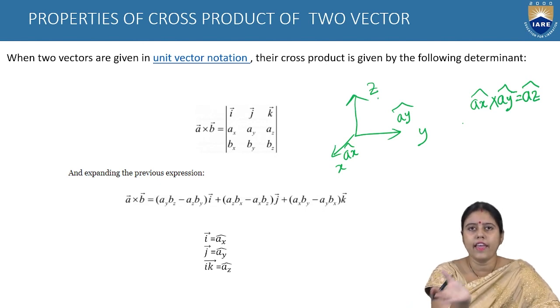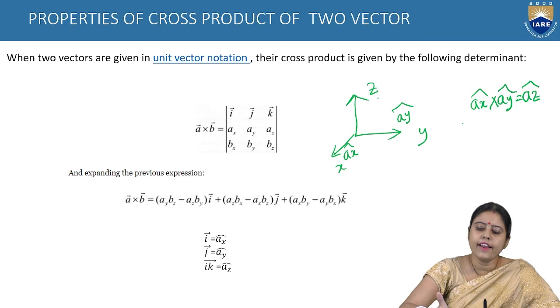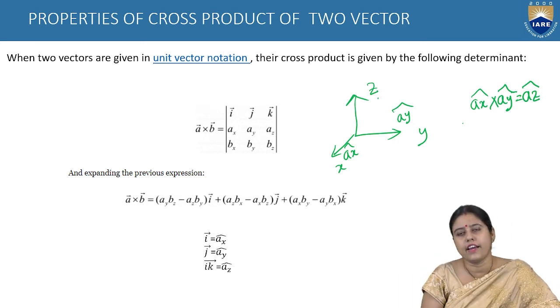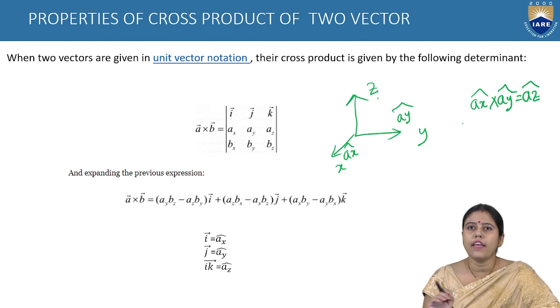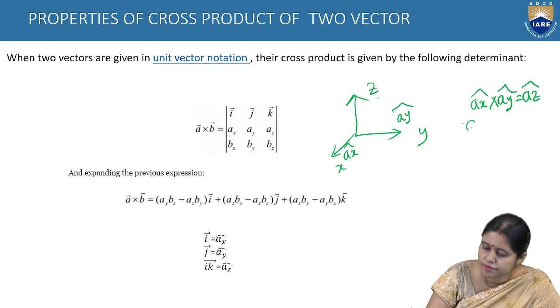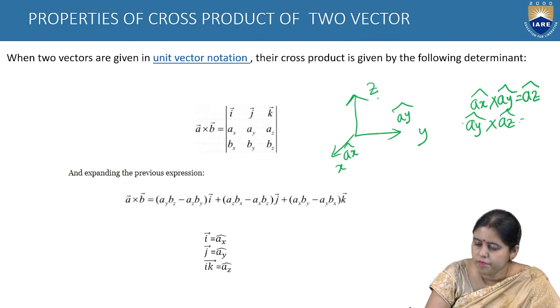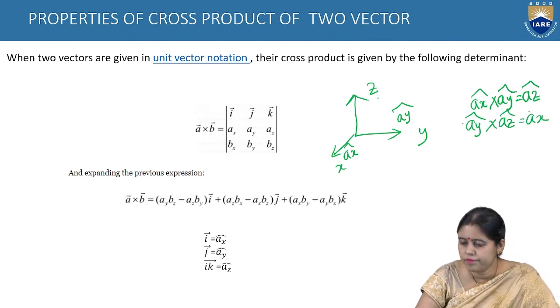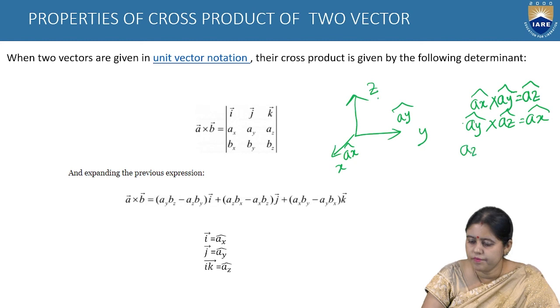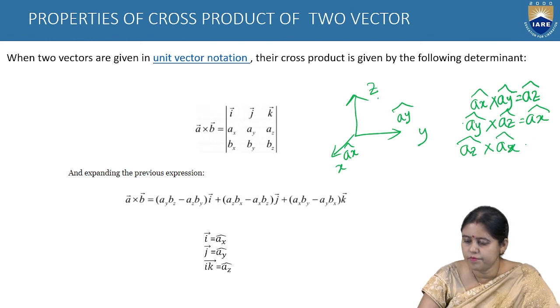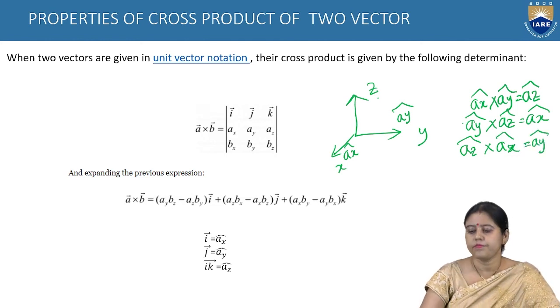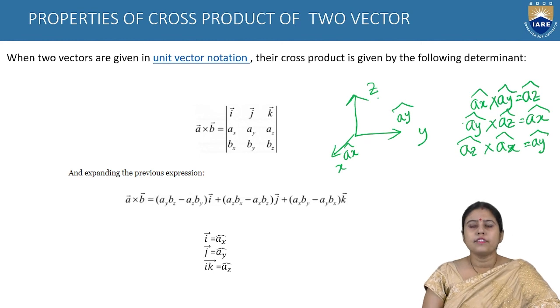AY to AZ, the direction is in the AX direction. AZ to AX, it is in the AY direction. So always the direction will be perpendicular to both.